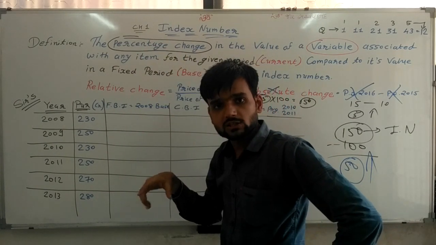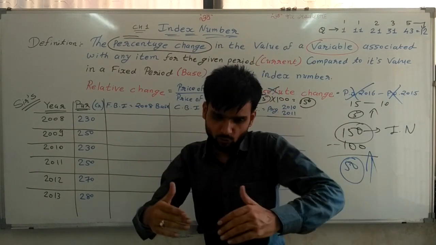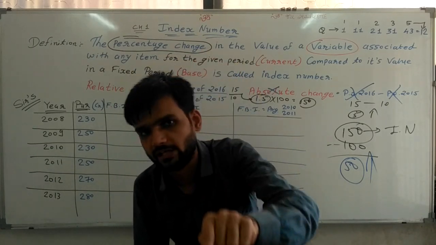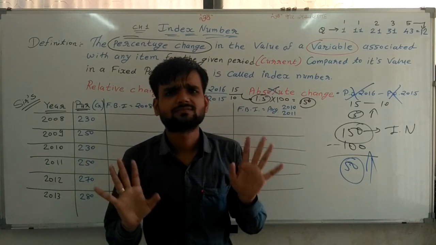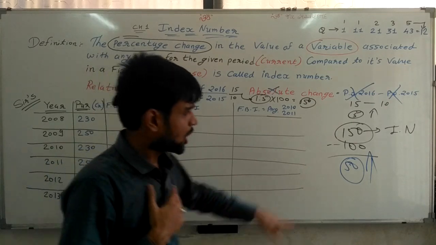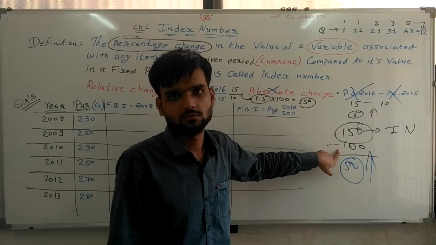So index number is very useful to understand what? How many percentage increase or how many percentage decrease in the given variable, that we can understand by index number. That's it. Some students are asking me, sir, do we always need to deduct 100 after finding index number? Yes.